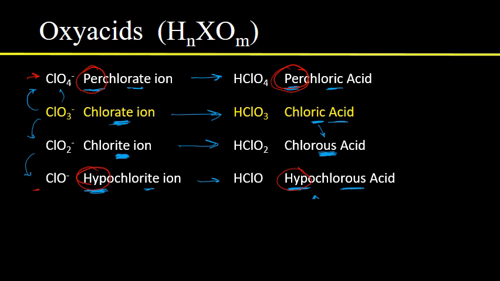We had on the last page HNO3, which we said was nitric acid, and that's because NO3 is nitrate. So if we go down one, in fact, I'm going to write the name of the ion in here also.